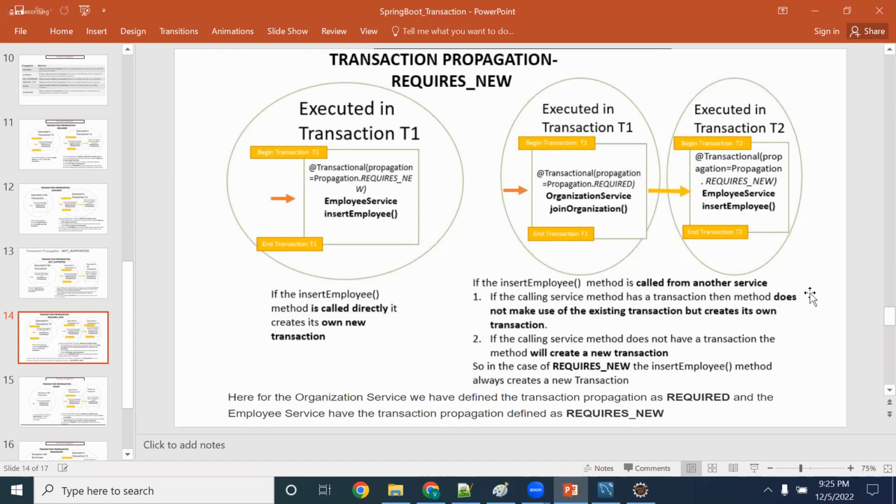Any questions so far? In this example, if the employee service has a transaction, it will ignore it. If the employee service doesn't have a transaction, it will ignore that too. In any situation, the children or dependent modules do not have any adverse impact on the transaction management.